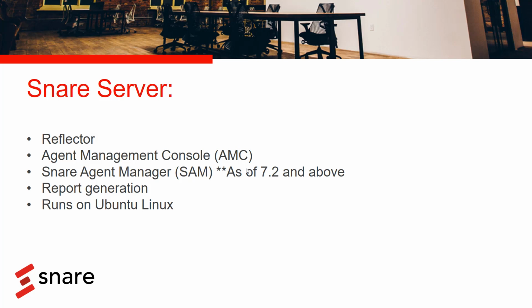It also allows for a great deal of report generation on various types of data that you're getting in, and things like alerting and real-time alerting and whatnot. So it comes in pretty handy as far as that goes. It runs on Ubuntu Linux, and currently, as of the date, it's the 14.04 version of Ubuntu Linux.